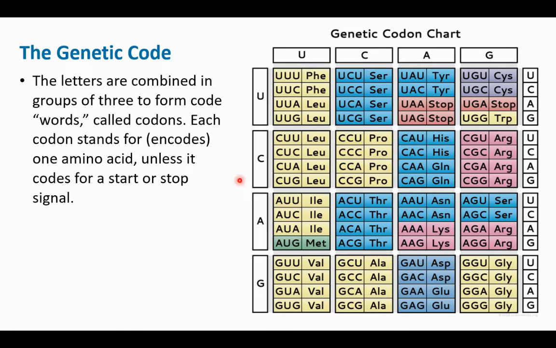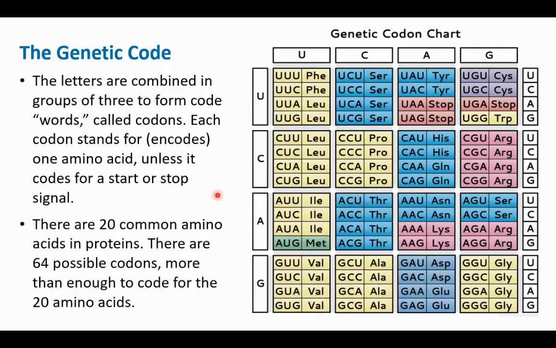Okay? So there are 20 common amino acids that can be generated, and there are 6 possible codons that are enough to produce the 20 amino acids. Kaya nga, if you will notice, since masyadong marami yung sequences na pwede nating i-produce, some of them are repeating.